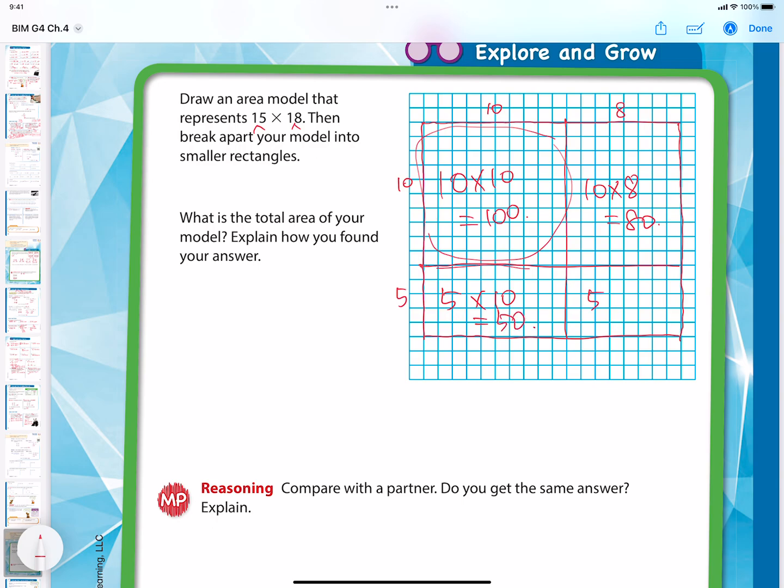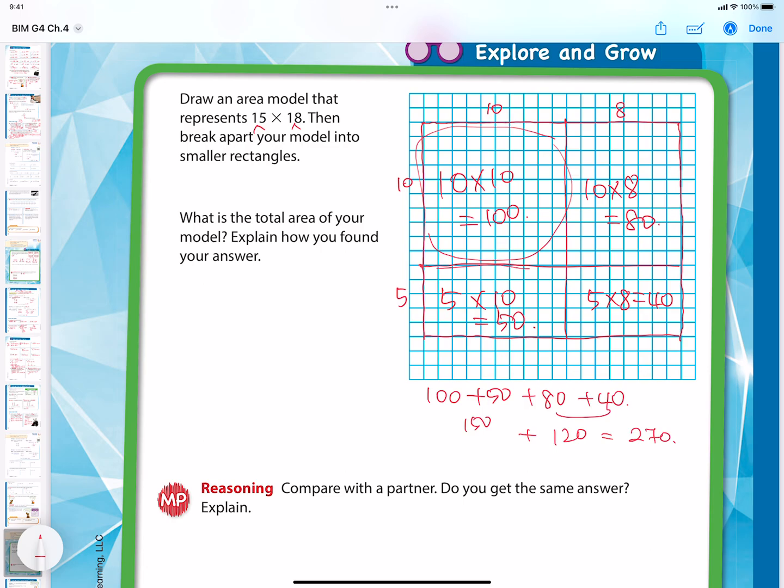And 5 rows of 8 is 40. So now you need to add all together. 100 plus 50 plus 80 plus 40. Okay, that's 150. And that's 120. When you add them together, it's going to be 270.